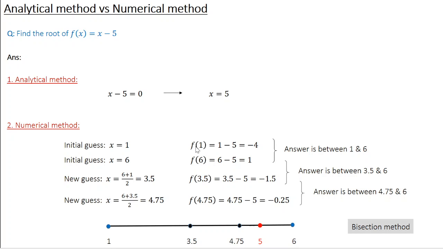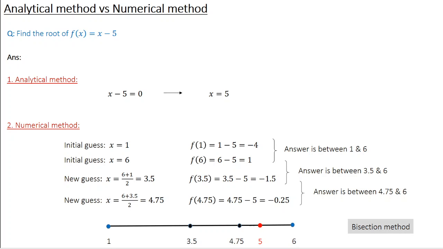But if you notice here, f of 1 is negative, f of 6 is positive, which means somewhere in between these two, I should be able to find the actual root for which the function value is going to be 0. So from this initial guess, now I know that the actual root is between 1 and 6.